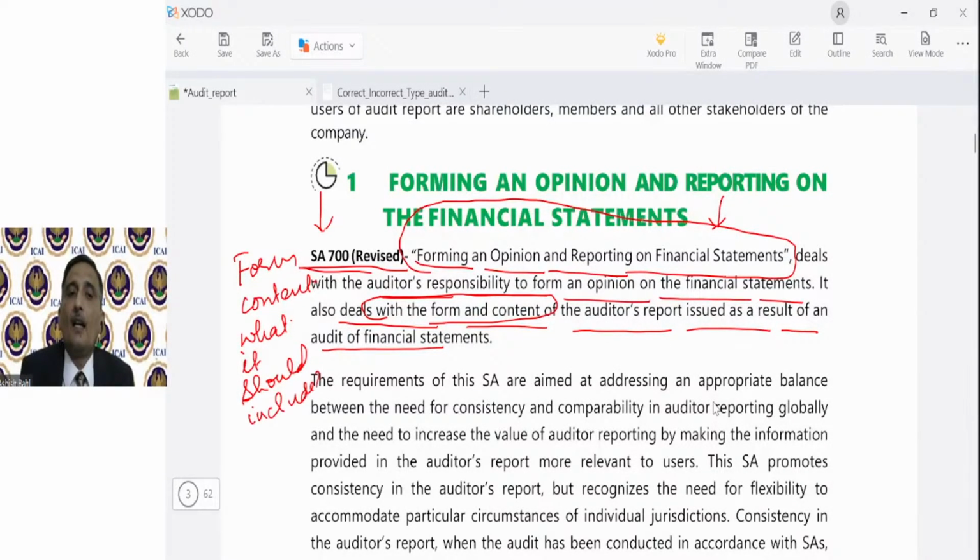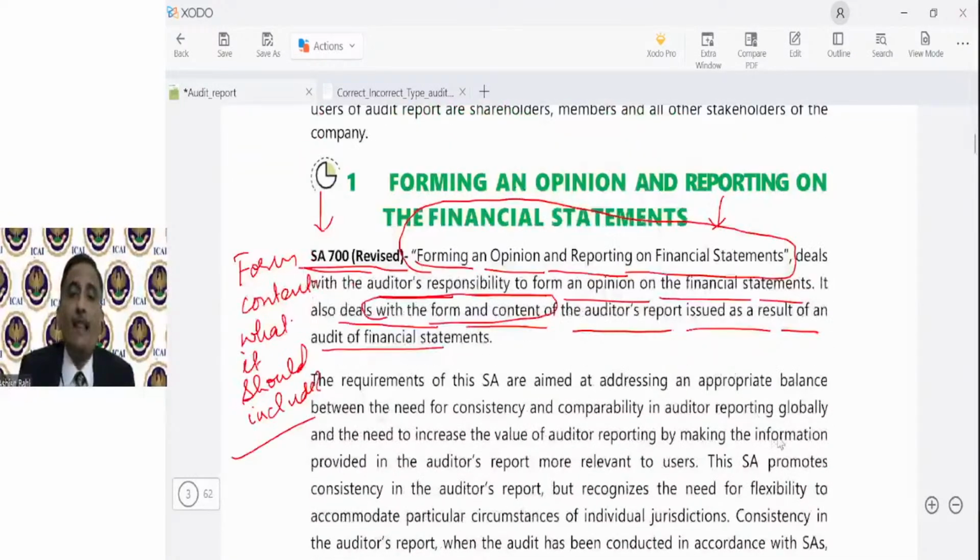Like to whom it is to be addressed, how the opinion is to be presented, whether the basis of opinion is to be given or not, whether the auditor's responsibility is to be given, and if yes, in what manner, whether management responsibility is to be given, and if yes, in what manner. So all these things are the contents, you understand what it should include.